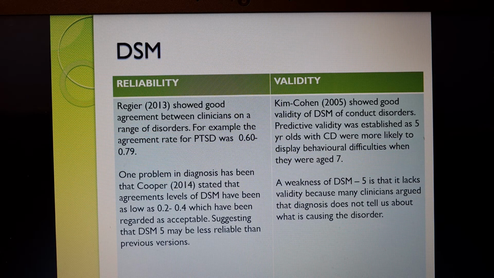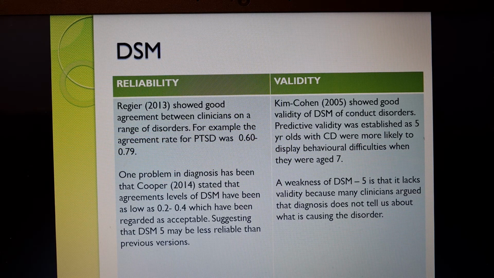And agreement rates of 0.2 to 0.4 were actually considered acceptable. So that's quite low. And to use that as a method of saying yes, it's reliable, it's a bit questionable, isn't it? Because 0.2 is not very high at all.